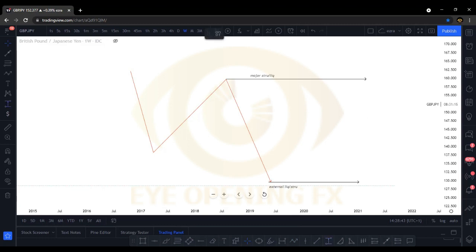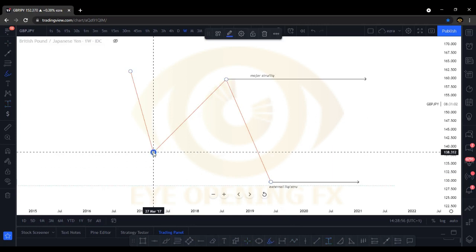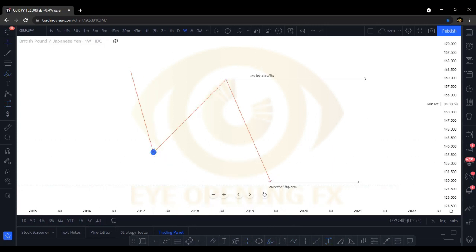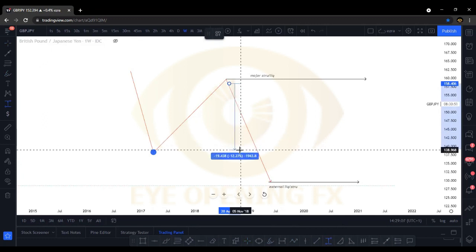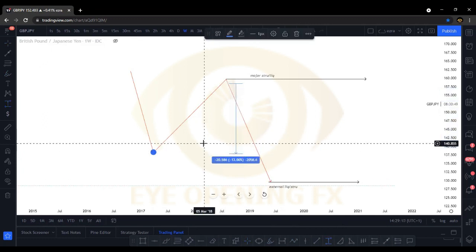Let's say this is happening on the monthly or weekly time frame. This low is a weekly low. There are times the market can reach this weekly low from here within just a week.